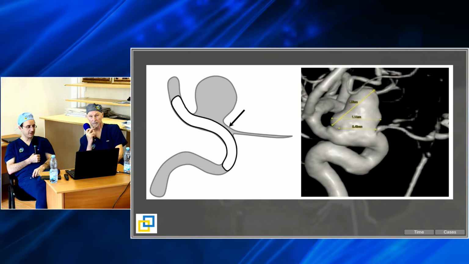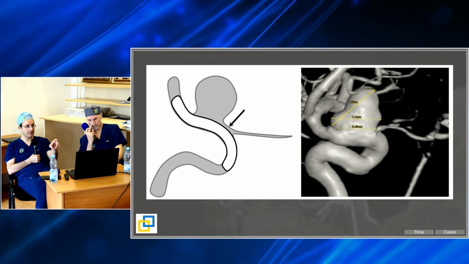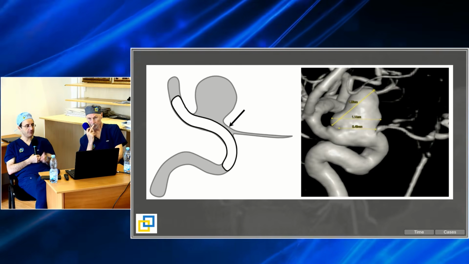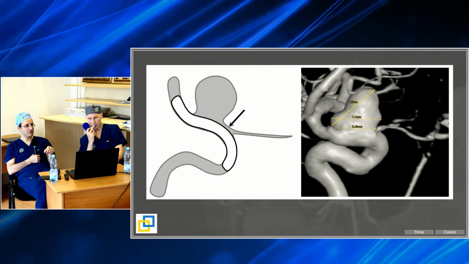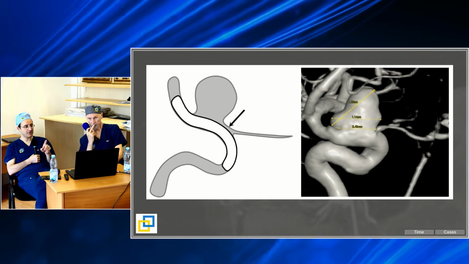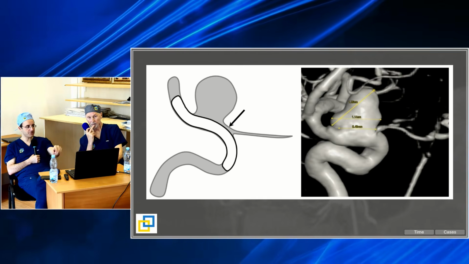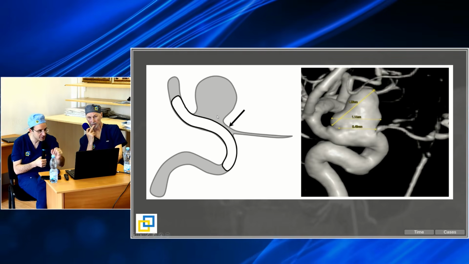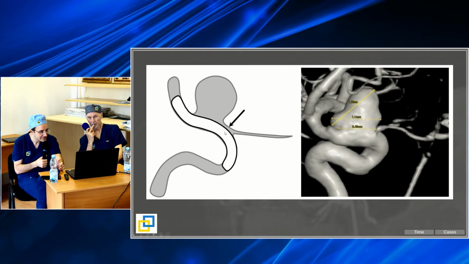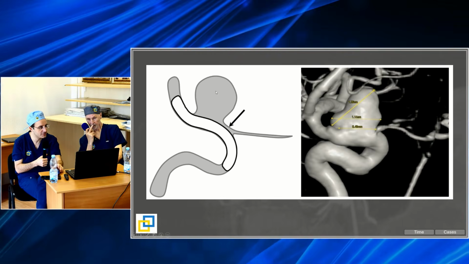Okay, so this is more of a technical point, and I think it's important. We were discussing this point earlier today in one of the aneurysms that we're going to treat. This is the anatomical arrangement where, when we're talking about incorporating a vessel secondarily, if you will, into the aneurysm sac.